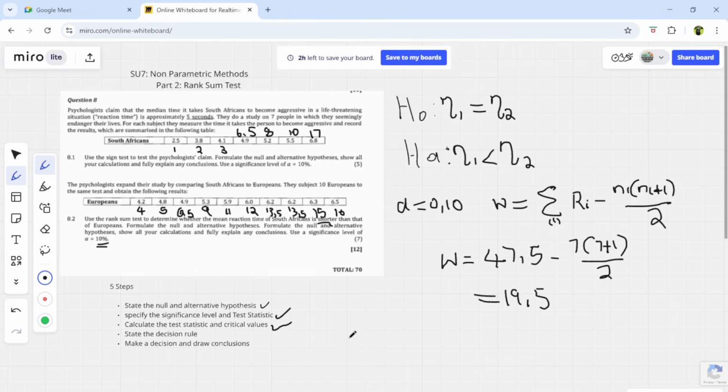The first one is going to be W of N1, comma, N2, and alpha, and this will be equal to W of what is N1? N1 is 7. What is N2? N2 is 10. And what is the alpha? Alpha is 0.10.